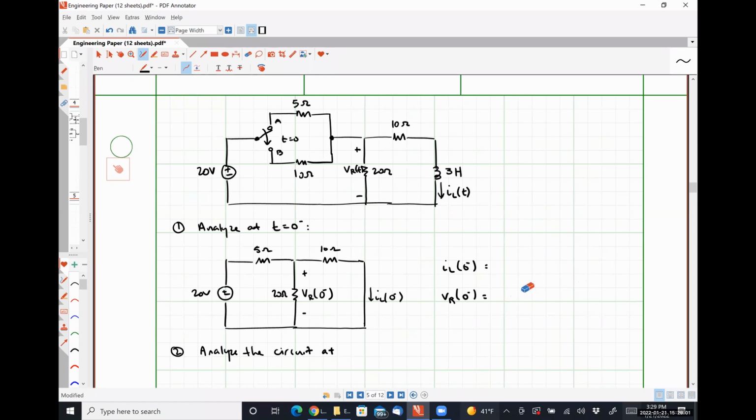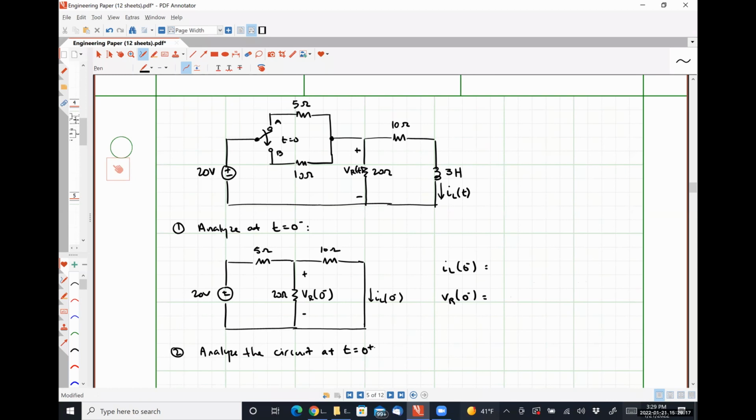All right. Okay, so without me being a jackass and giving you a problem that doesn't actually involve a transient problem, now we have something that will. How would you go about determining the quantity IL at 0 minus or VR at 0 minus?